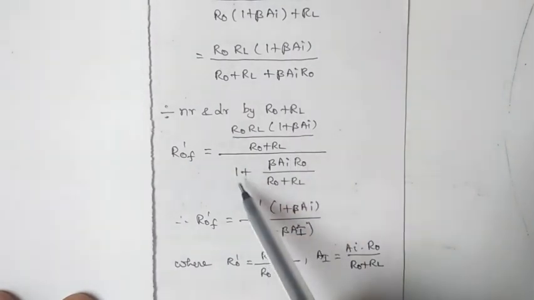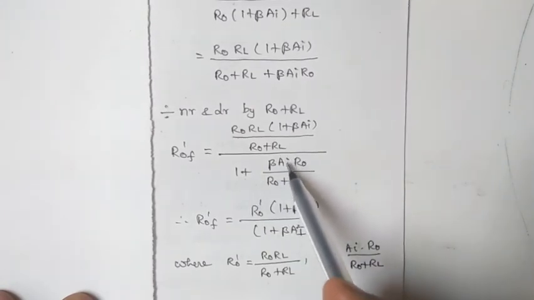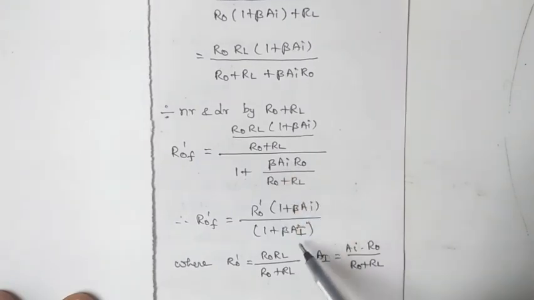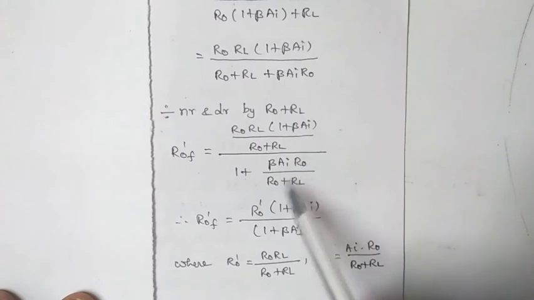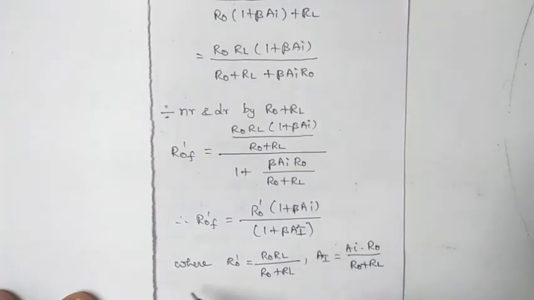In the denominator we have 1 plus beta AI, with R0 by R0 plus RL. This entire term I am going to denote as capital AI. So finally I can write ROF dash is equal to R0 dash into 1 plus beta AI divided by 1 plus beta capital AI, where R0 dash can be written as R0 into RL by R0 plus RL, and capital AI is equal to AI into R0 by R0 plus RL.